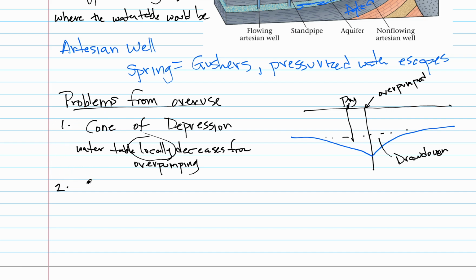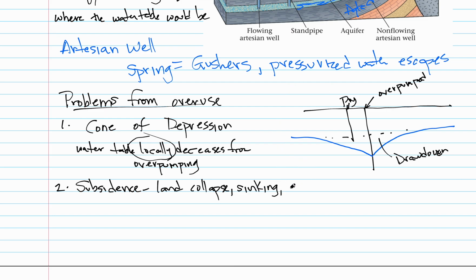All right, number 2 is subsidence. Subsidence is land that is shrinking or going down. We could say land collapse or land sinking. And it's also from overpumping.